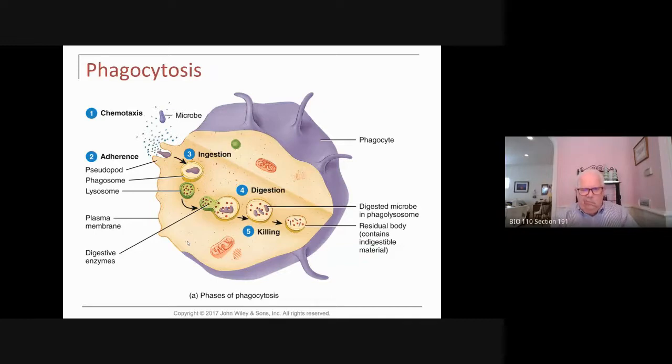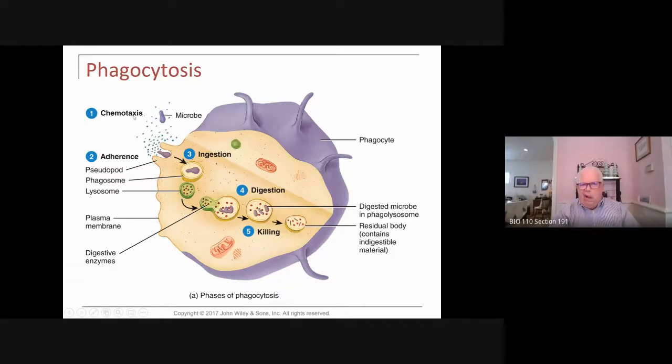Phagocytosis. There are 2 main phagocytes in your body, and they are neutrophils and monocytes. And they have functions to kill microbes. When there is a microbe in your tissue or in your bloodstream, the tissue will send neutrophils to the site.